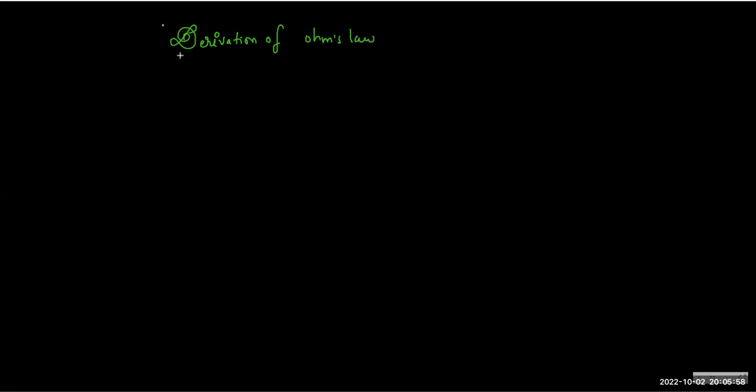We know J is defined as nevd, and vd is defined as eE by me tau. So always keep these two formulas in mind. The rest will be easy on your brain. Don't try to mug up every formula when it's going to be large.